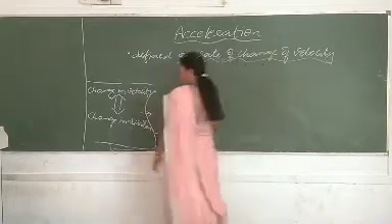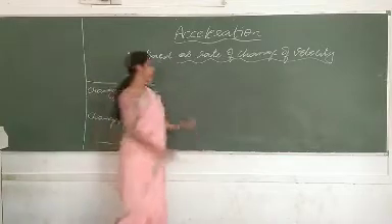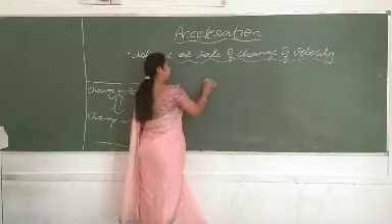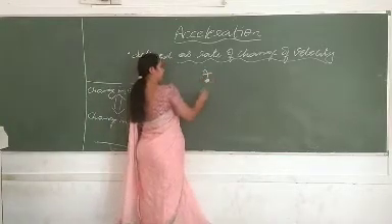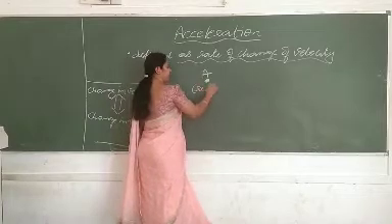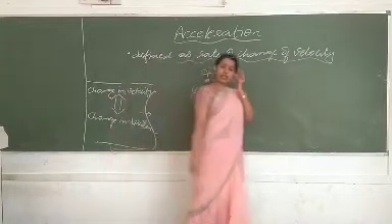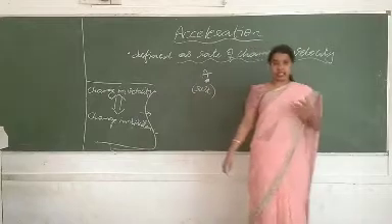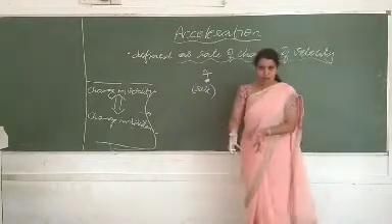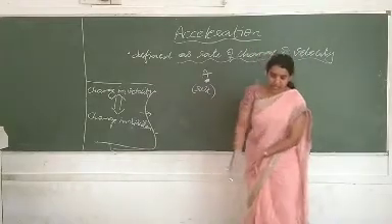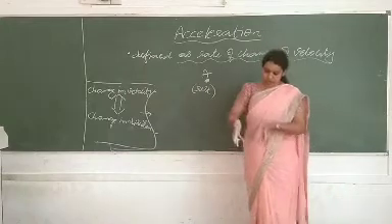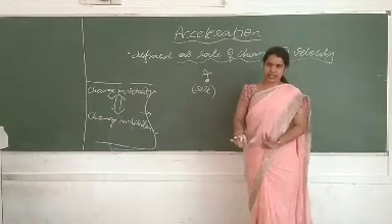Now let me come to the third example. A body at rest starts its journey from A. So there is a ball, moving from A like this. At the point A, it was at rest.